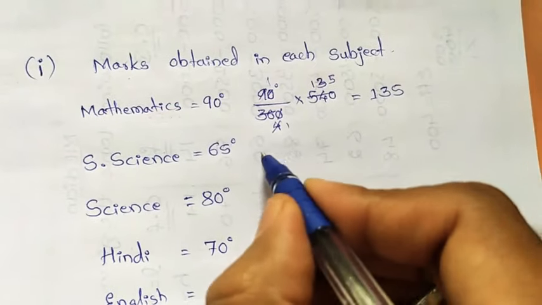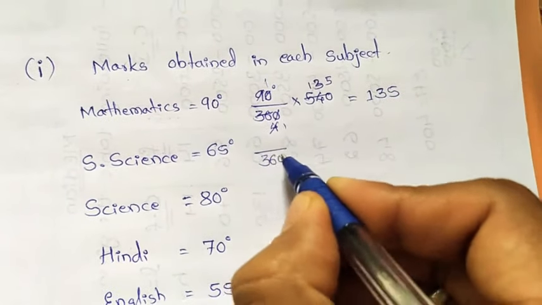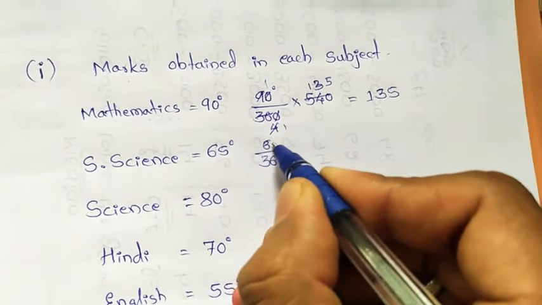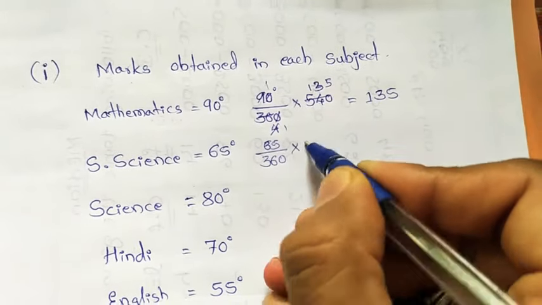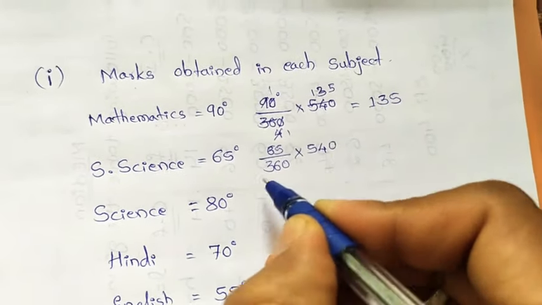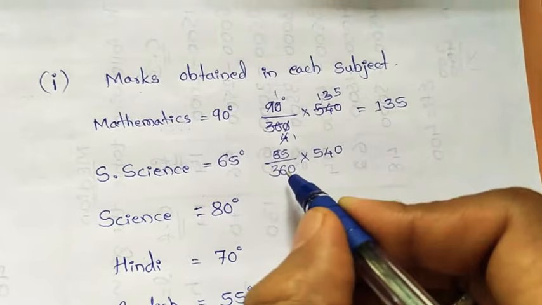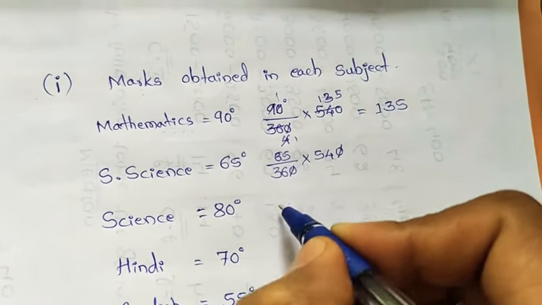Next 65. 65 out of 360 into 540, we have to check. Okay. So 0 0 get cancelled.